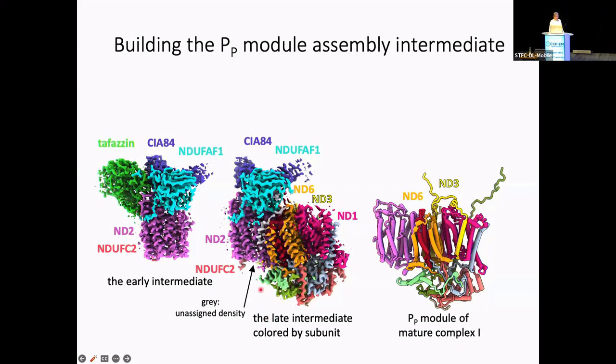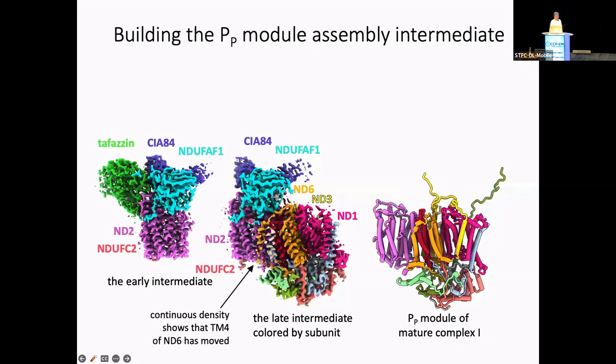So is this another assembly factor? Well, when you look carefully, this is actually continuous with the orange subunit ND6. So doing a better fit to this, it is actually this helix that is left over. And also, if you look carefully, there's a little bit of extra density here inside the fold of AF1.